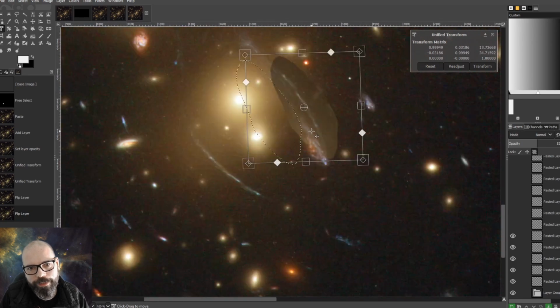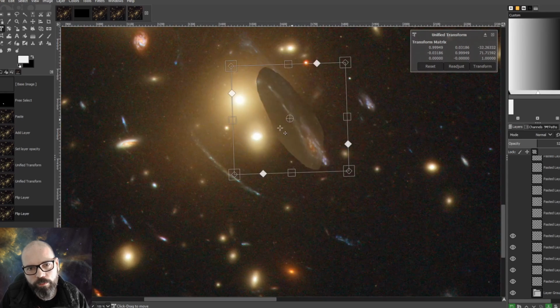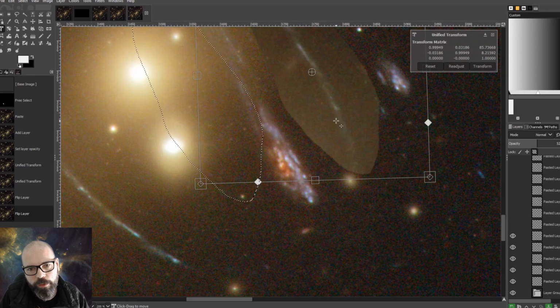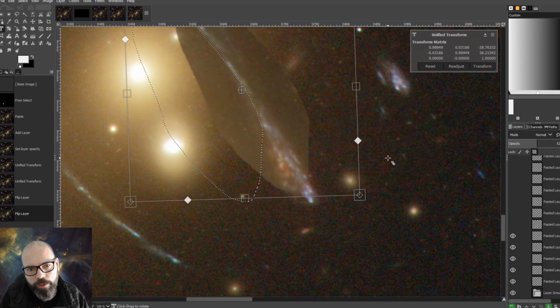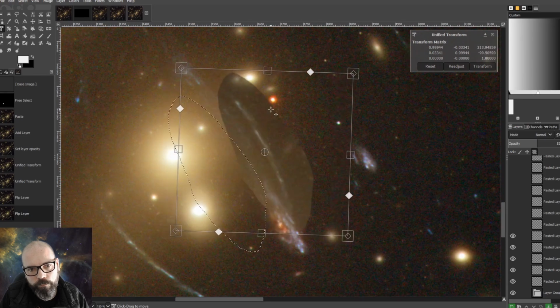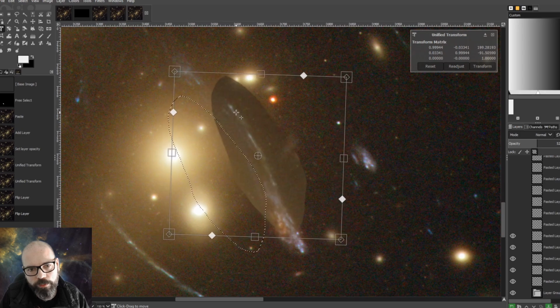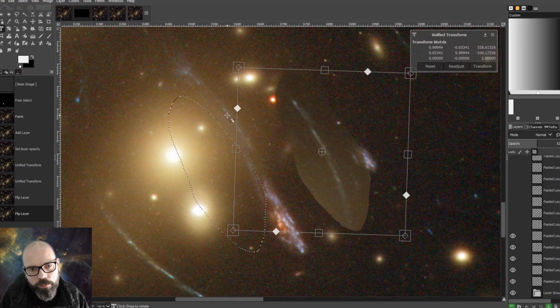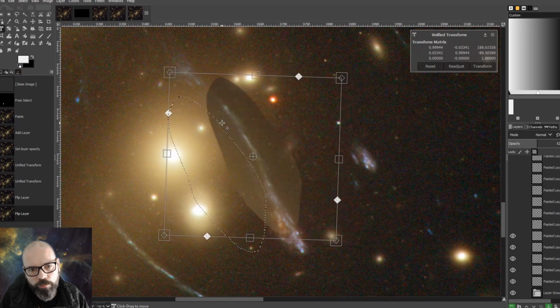But what is interesting is how well the arc lines up. We can see there's a bend there. If I line up that bend, then we see that these two line up with what appear to be two points over there. And this then perfectly matches the curve of these.